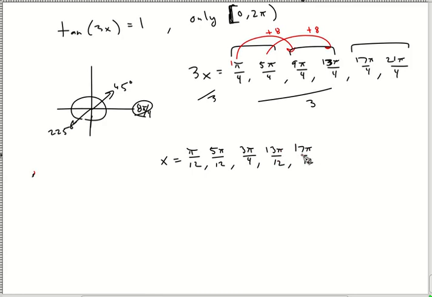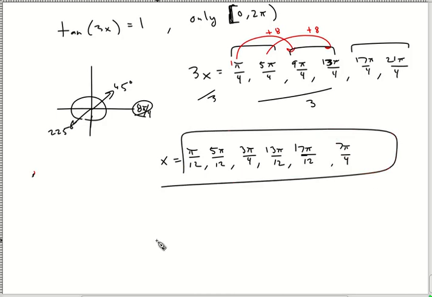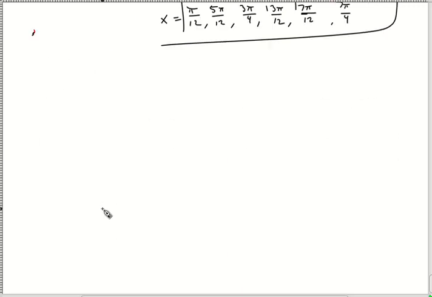Nothing's going to cancel. 21 over 12 reduces to 7 pi over 4. I'm just reducing these things down. And yeah, yuck. There you go. That's how you do it. You got this. You do got this.